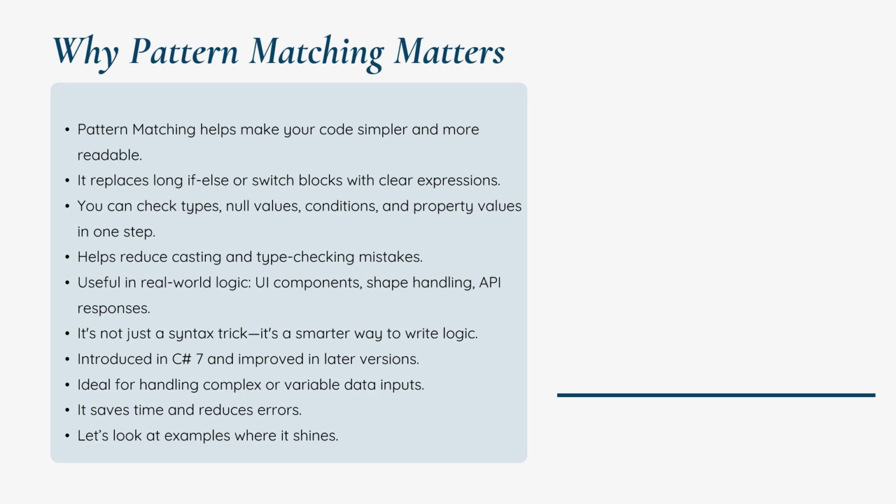In the past, we'd have to write many if and else statements, and sometimes with typecasting. But pattern matching goes beyond just types, and you can match based on property values too. Think about modern coding. We deal with JSON, state machines, and UI components. Pattern matching helps in all of these. Instead of messy if else or long switch blocks, we now write compact and readable patterns.